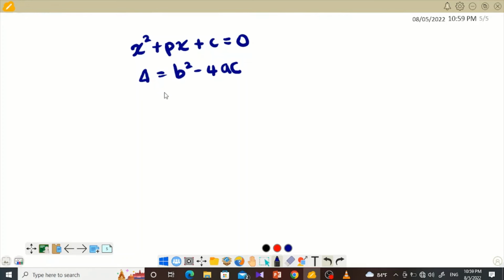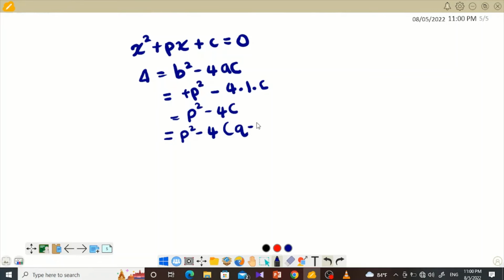So I have to substitute values. b squared means p squared, and a is 1, c is c. Then I obtain p squared minus 4c, and I have a value for c. I substitute it here. I get c as (q minus 2p) into (p minus q).